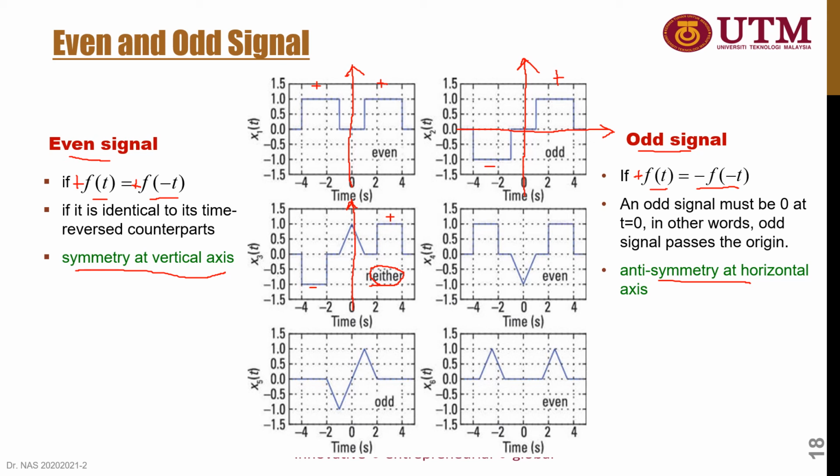So it cannot be grouped into even or odd. That's why it is neither even nor odd. And for this one, when you look at the vertical axis first, you can see a mirror image. The same image appears on the left and the right hand side, so it is even. Please compare the rest of the two figures at the bottom.